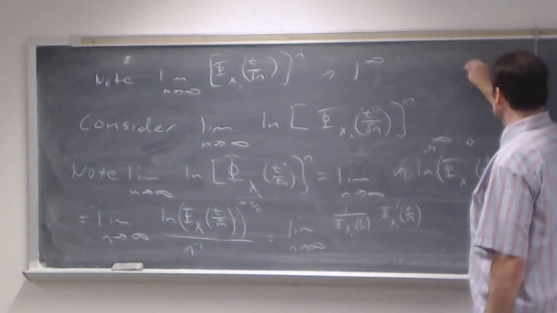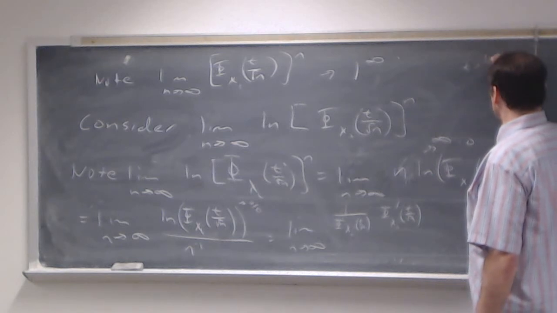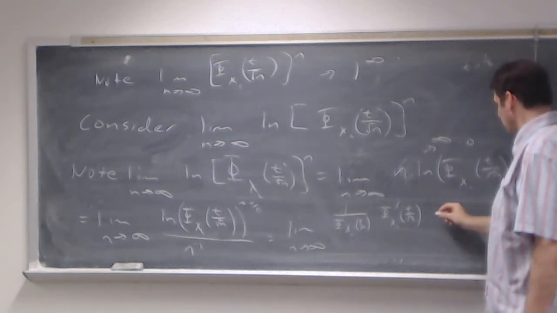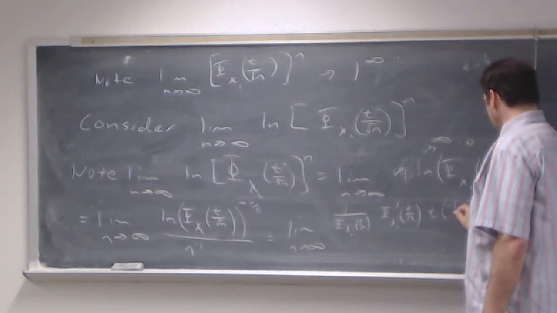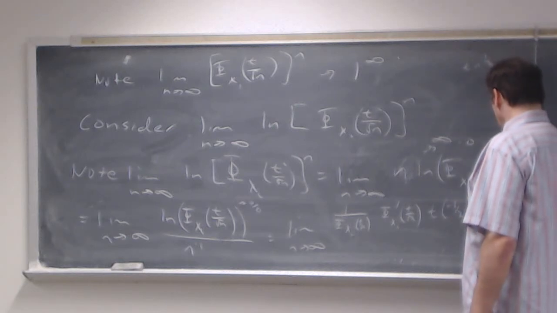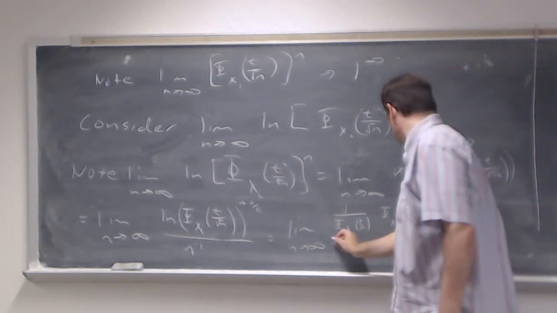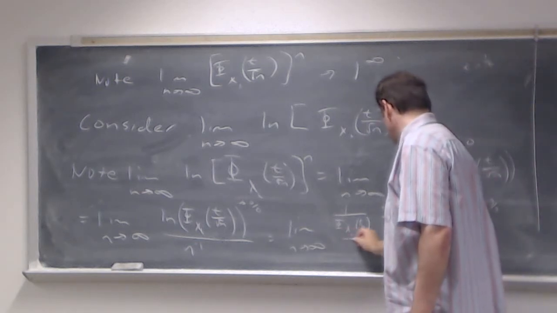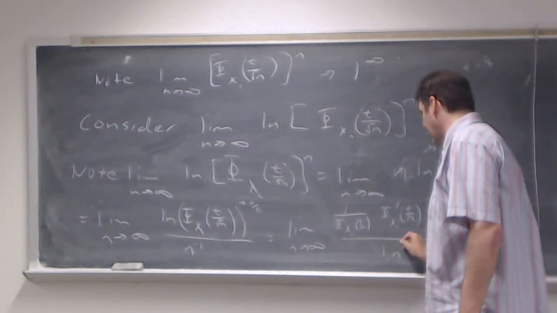Here, t n to the minus 1/2 is one way of writing t over the square root of n. Its derivative is t, that's the constant, times minus 1/2 n to the minus 3/2. So that's the top. The derivative of the bottom will be minus 1 n to the minus 2.